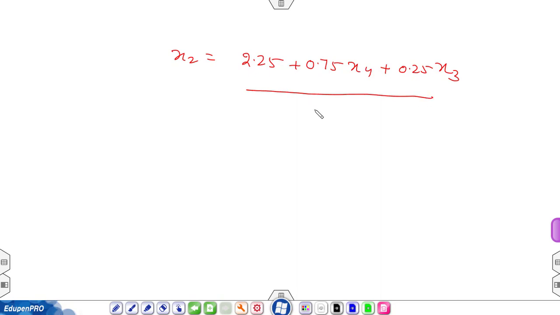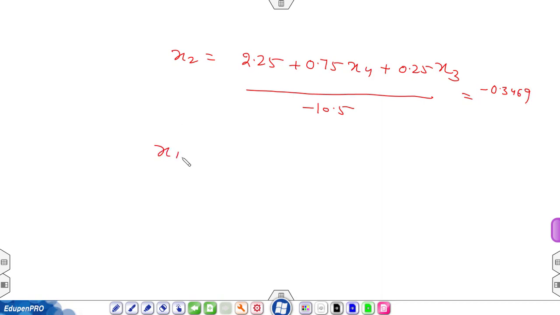Similarly, we can compute the value of x2. x2 is 2.25 plus 0.75 x4 plus 0.25 x3 upon minus 10.5. Putting the values of x3 and x4, we are getting the value as minus 0.3469.